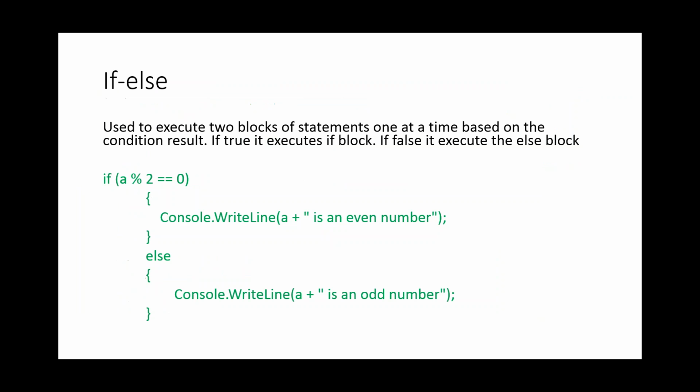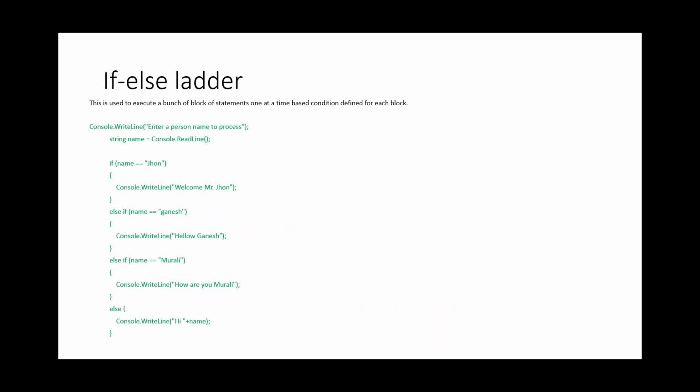Then here we have the if else ladder. The if else ladder is mainly used to execute one of a bunch of blocks of statements, one at a time, based on the condition defined for each block. If I want to validate a number of conditions at a time, a plain if else is defined for only one condition, either true or false.